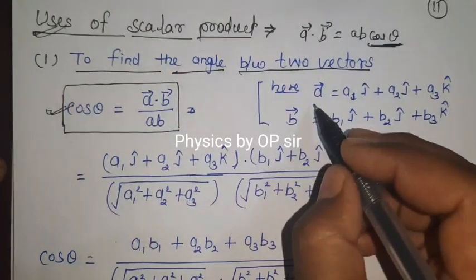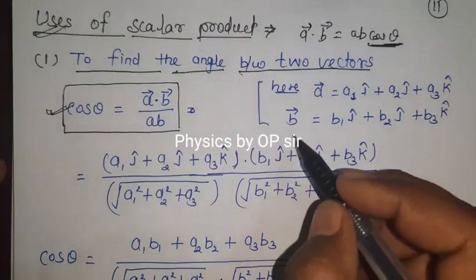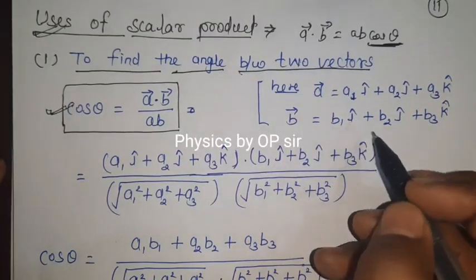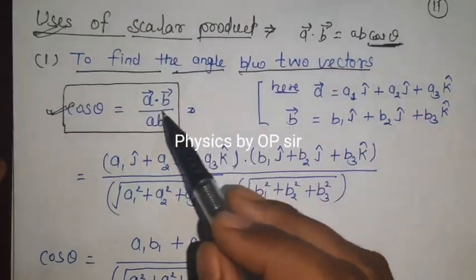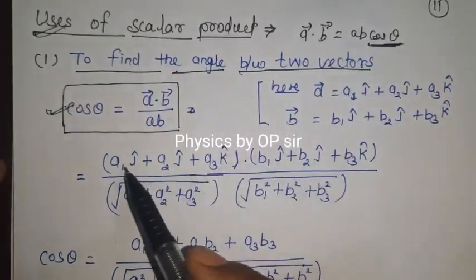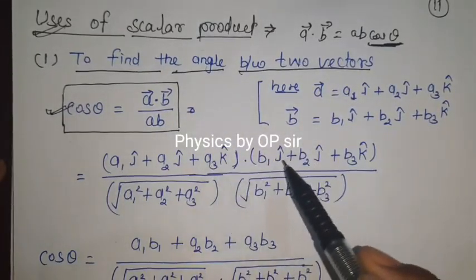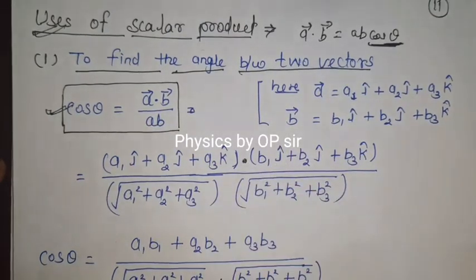Here we are taking the a vector as a1 i cap plus a2 j cap plus a3 k cap, and the b vector as b1 i cap plus b2 j cap plus b3 k cap. Now this is the dot product.